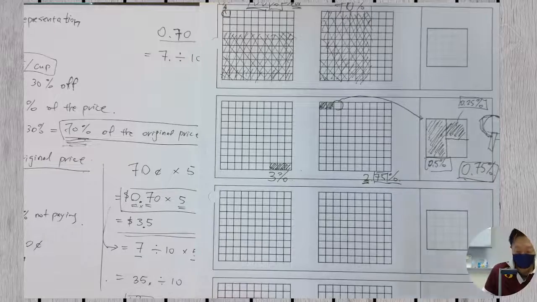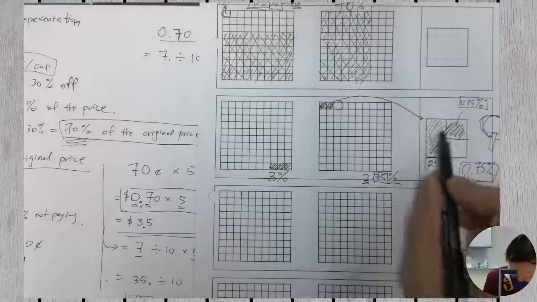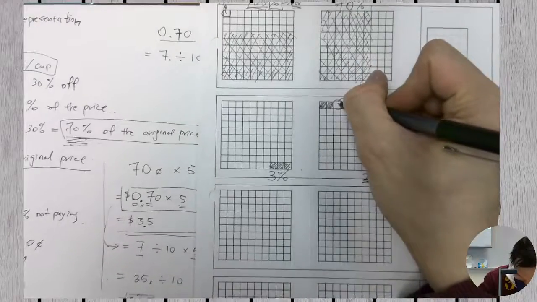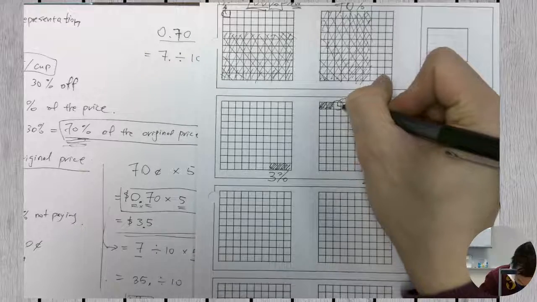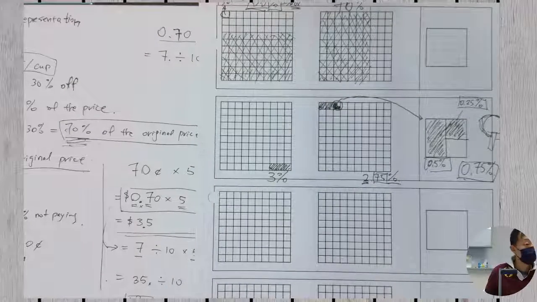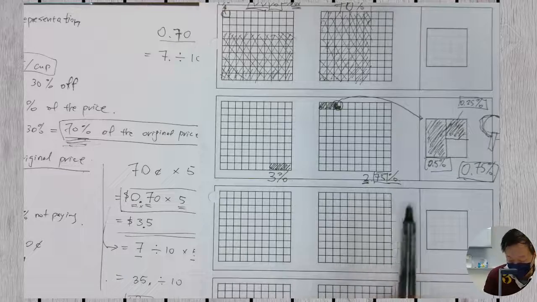All good? So altogether 2.75 would be, I'm going to try to reproduce this 3/4 of a box over here. So watch me. That's about right. So that would be the representation for 2.75.